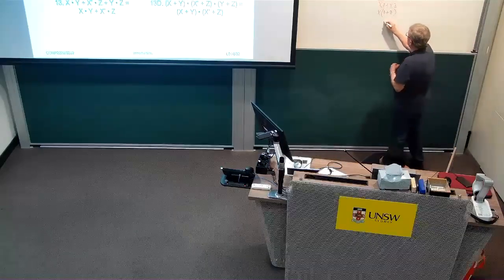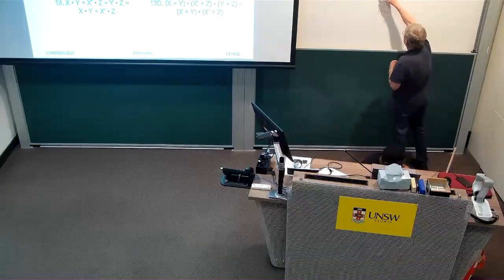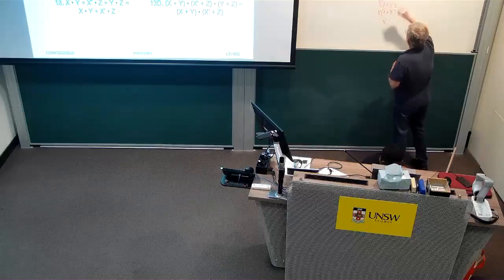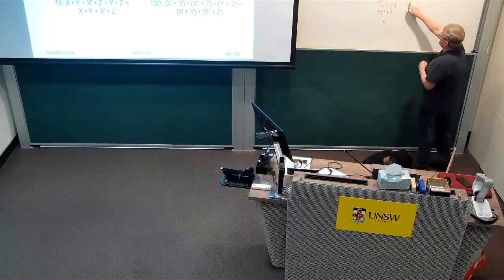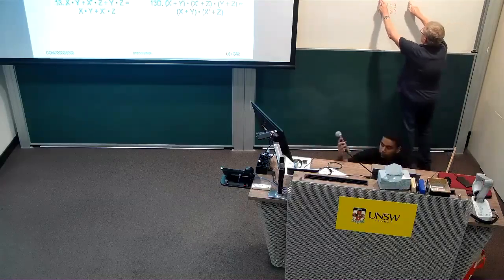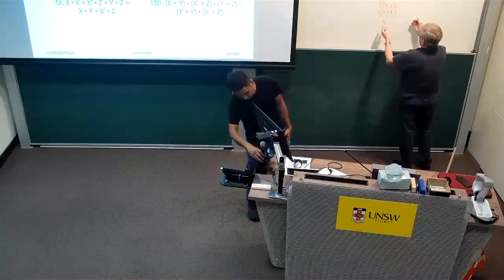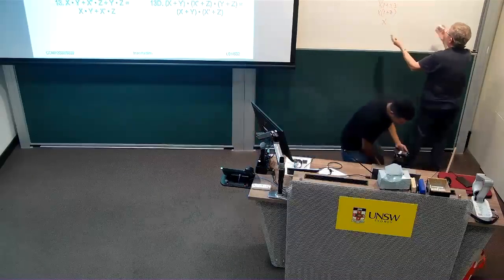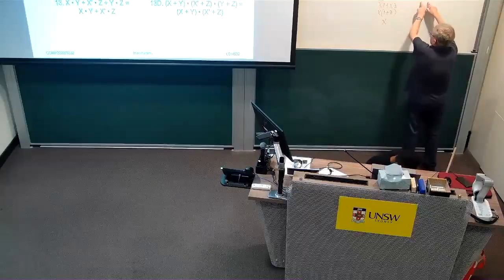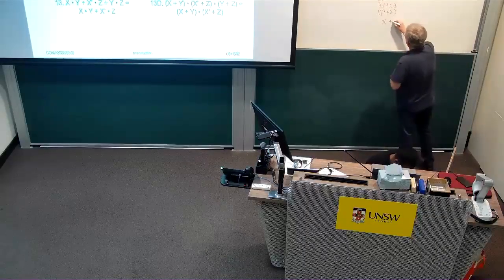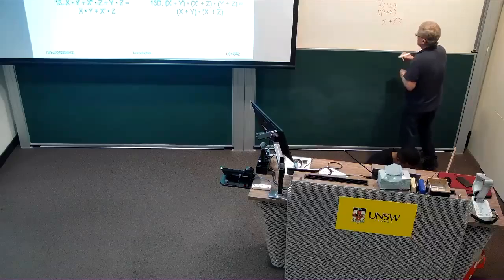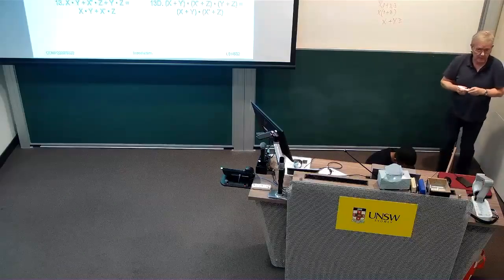So really this simplifies to x. Similarly, x or x and y simplifies to x, because x or x is just x. And finally, we're left with y and z. So that's equal to the left-hand side.